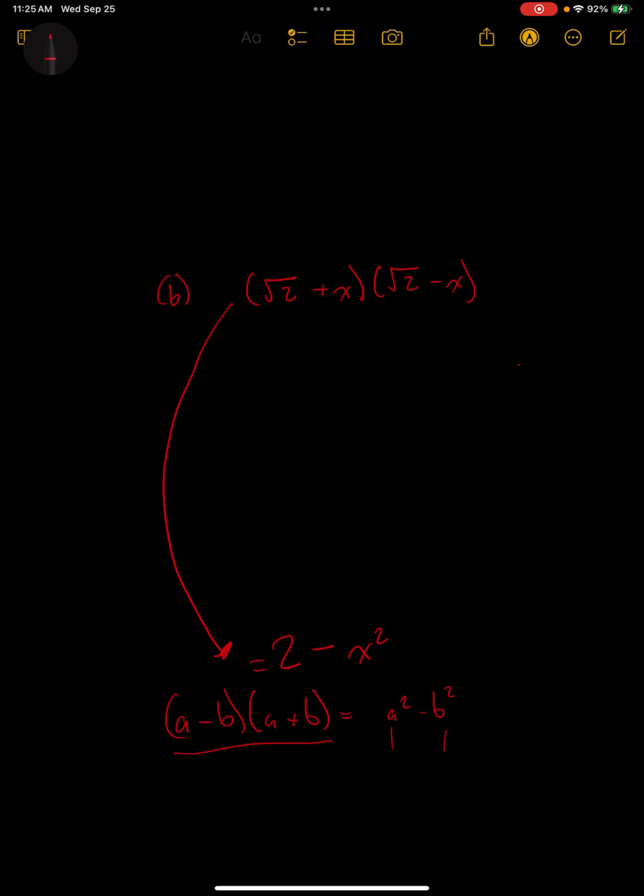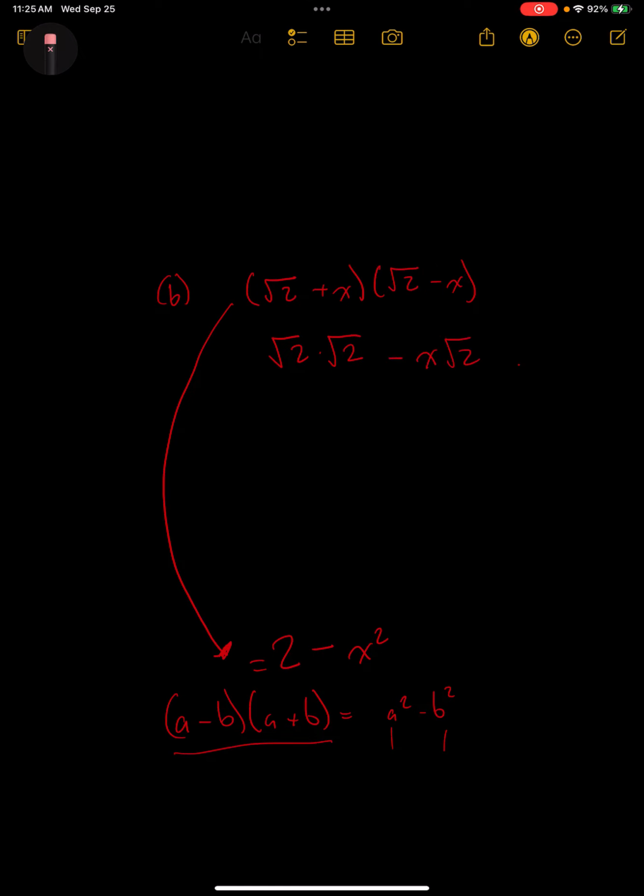But if we don't recognize it, we do root 2 times root 2, which is going to be 2, multiplied by x minus x root 2.